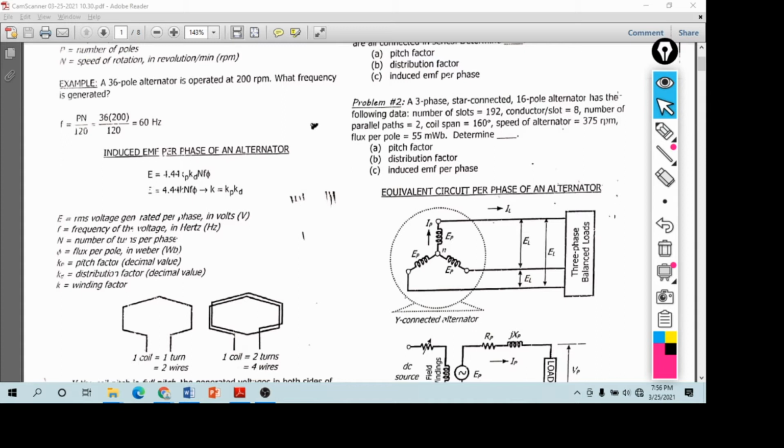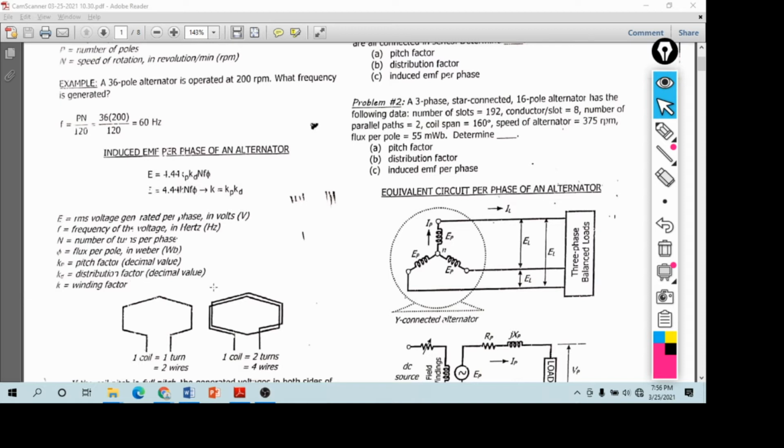Okay, so if it is in Maxwell, the formula will be multiplied by 10 to the power of negative 8. Remember that one. If the unit of the flux per pole is in lines of flux or Maxwell. Kp is a pitch factor, okay, in decimal value or in a percentage unit. And then Kd is the distribution factor, decimal value again.